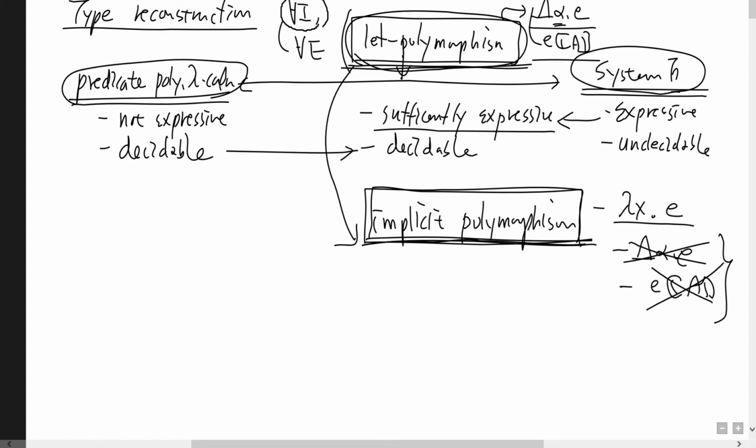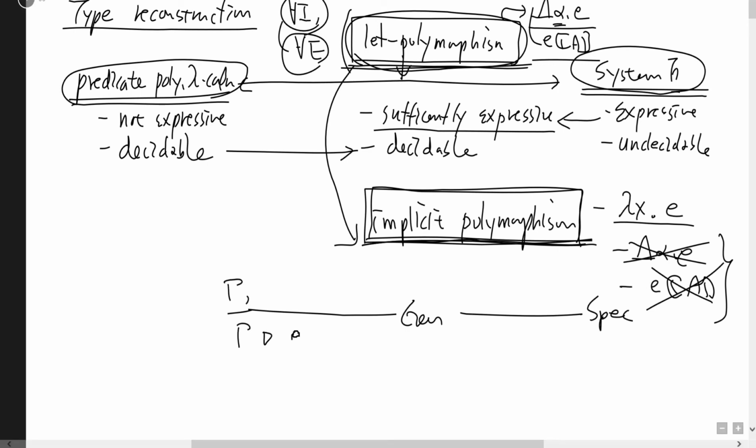These 2 typing rules are rewritten into the generalization rule and the specialization rule. The generalization rule says expression E has type for all alpha u if, declaring this type variable alpha, expression E has type u.